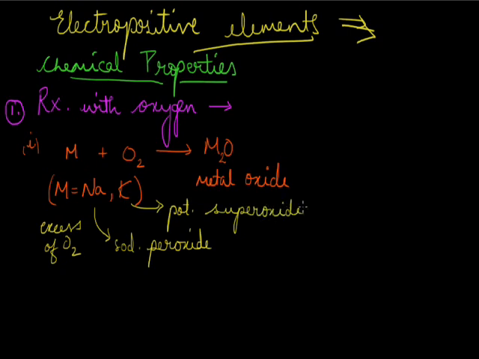Now basically you have to keep in mind what it can form, that is metal oxide on reaction with oxygen, and if given excess oxygen, then the appropriate oxides.